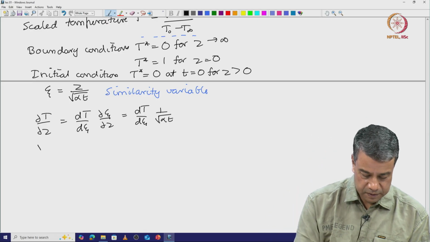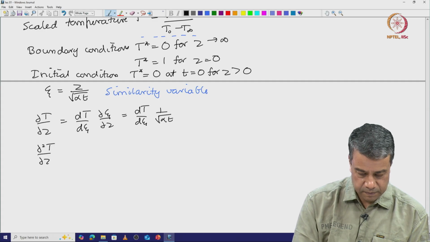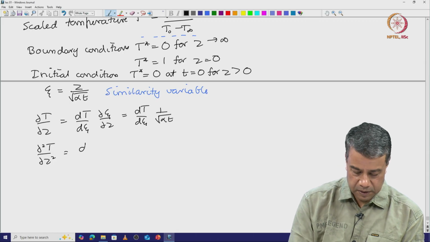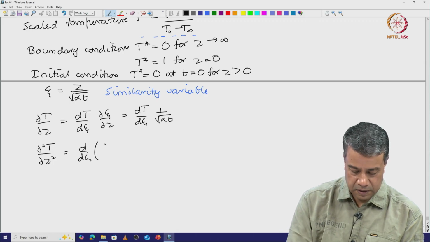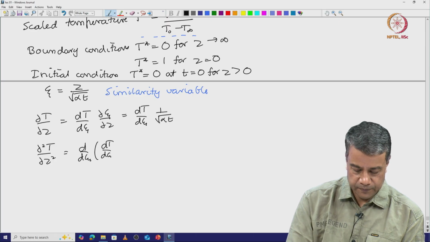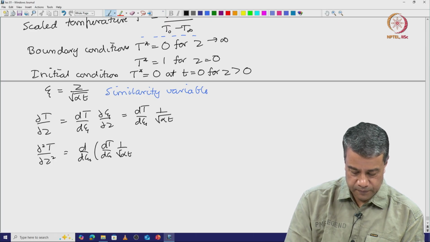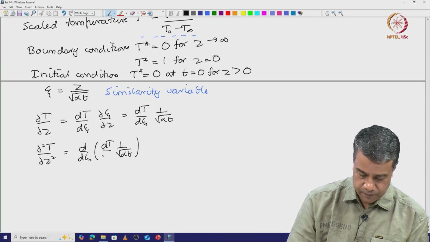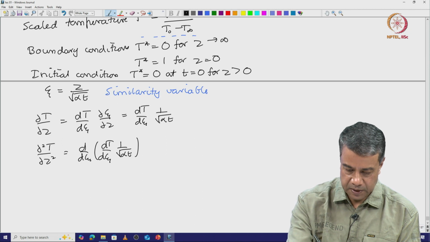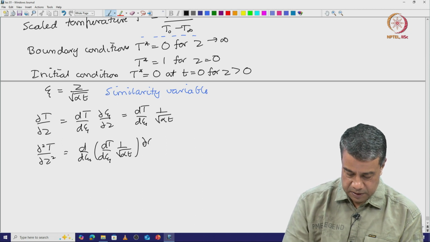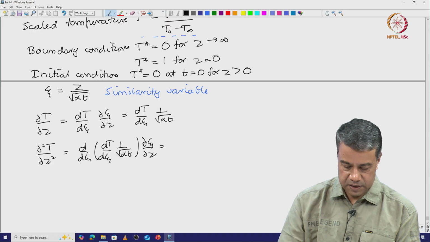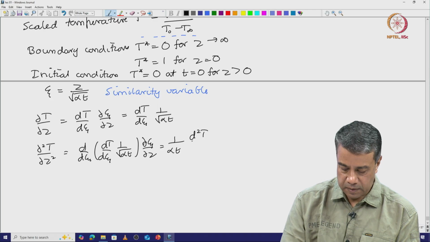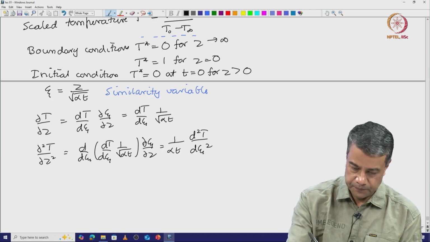The second derivative is going to be equal to d by d psi of this whole thing times partial psi by partial Z, which is equal to 1 by alpha t, d square T by d psi square.